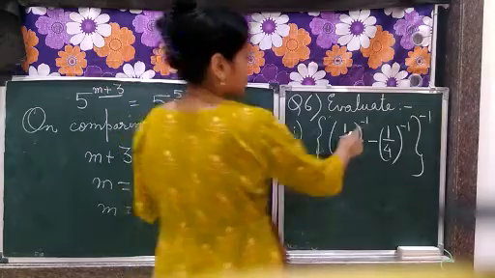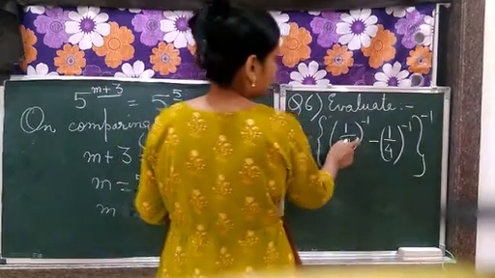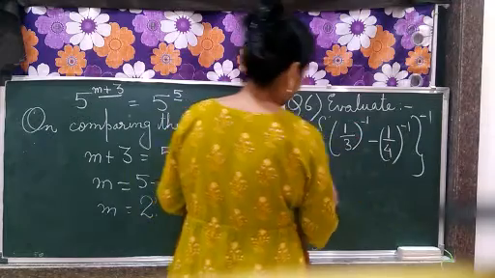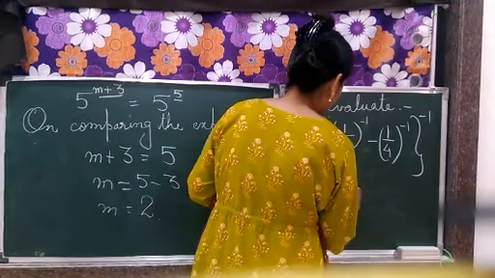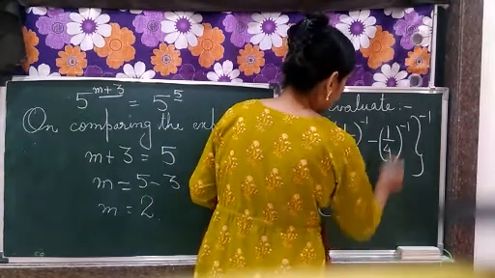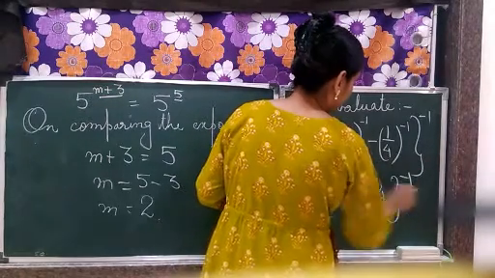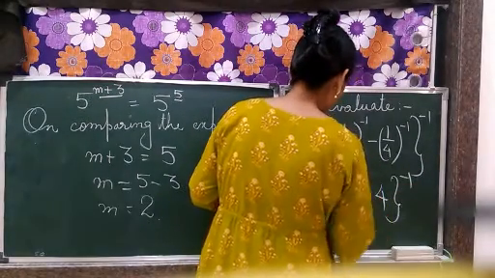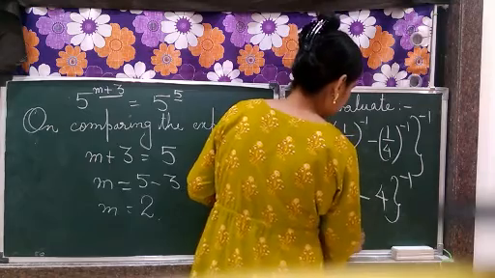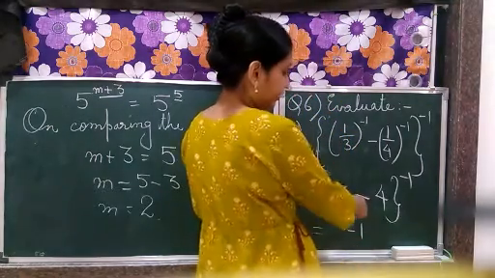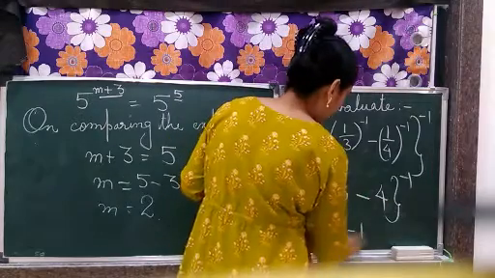So this is minus. This is also minus. That means we are going to write a reciprocal of this and the reciprocal of this. So 1 by 3's reciprocal is 3 minus 4, and minus 1. 3 minus 4 is minus 1. Why? Because 4 is greater and it is negative. So answer is negative.